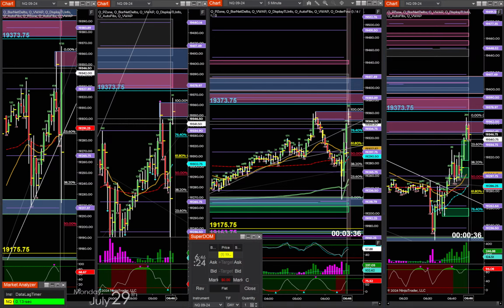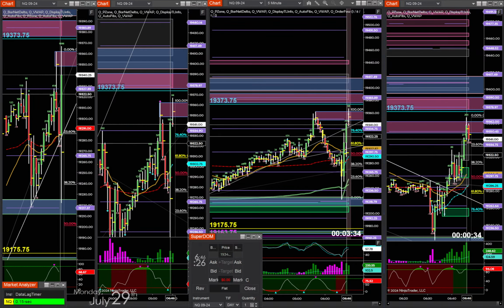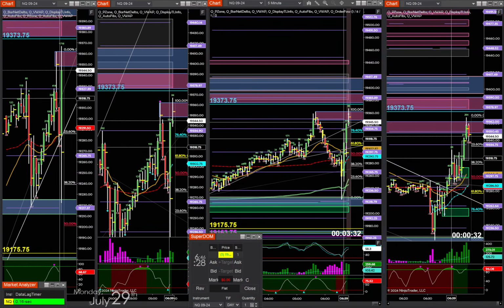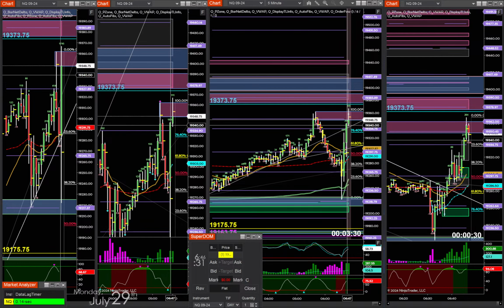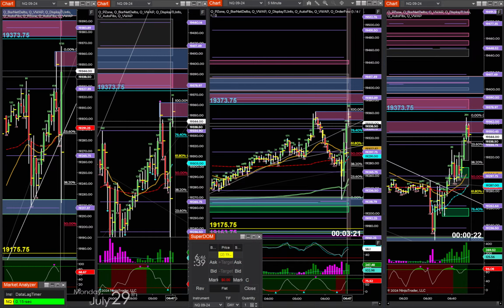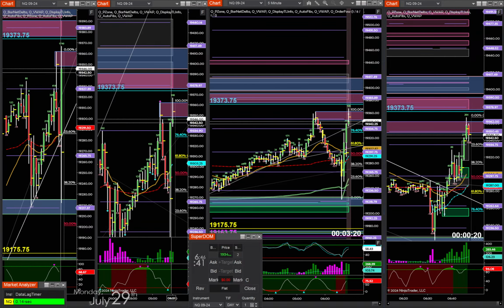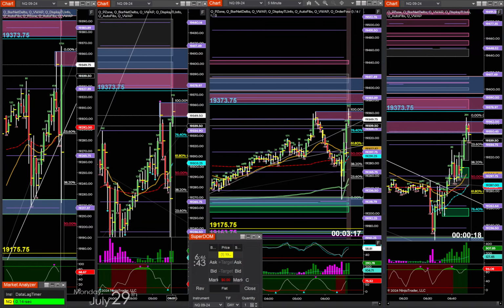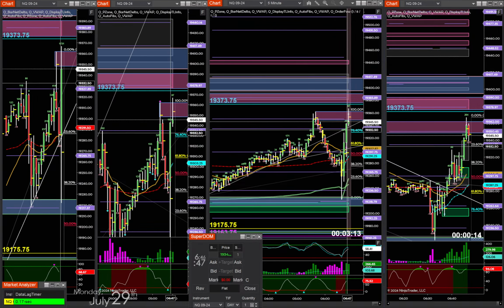Now you can't take that short just because you see that POC zone just created on the 1 minute, right? It touched it. So we'll see if buyers are stepping in here. Yep, buyers are stepping in a little bit. 5 minutes confirming it's a short, but I can't take that because the 1 minute is not giving it to me.